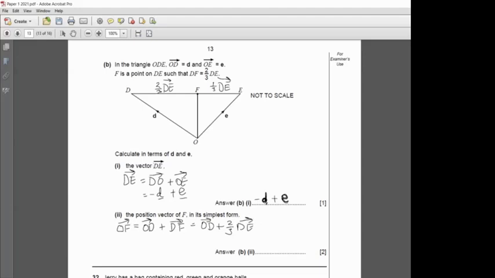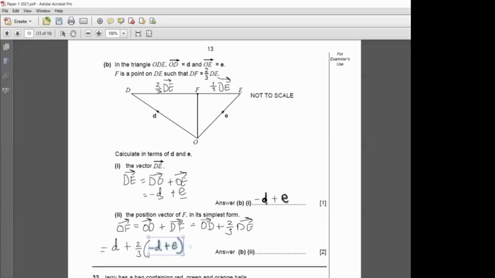Okay, and here in the previous question, I worked out what DE is. It's minus D plus E, so I can substitute there and I have everything I need. So this is OD. What is OD? It is the vector D, and 2/3 of DE, you must put it in brackets. This is negative D plus E. And this 2/3 will multiply everything in.